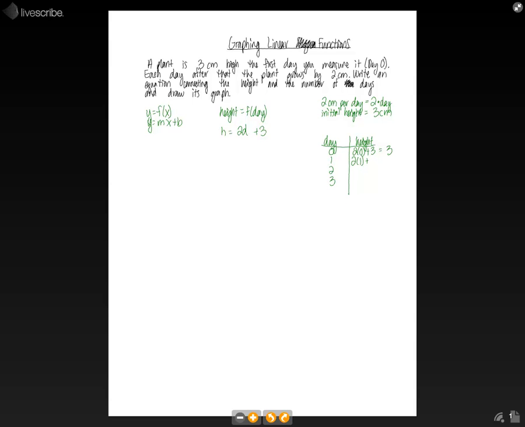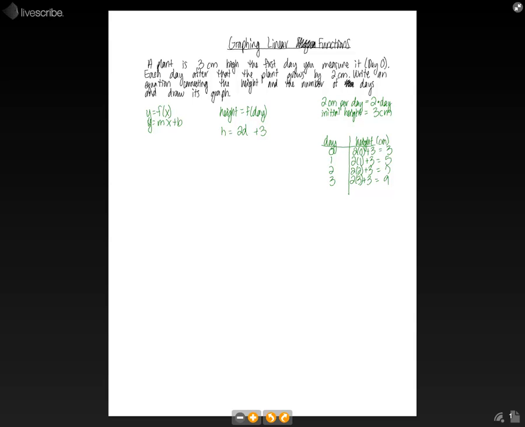And if we plug in 1 for our day, we get 2 plus 3 is equal to 5. Then if we plug in day 2, we get 4 plus 3 is equal to 7. This is all in centimeters. And then 2 times day 3 plus 3 is 6 plus 3, which is equal to 9.